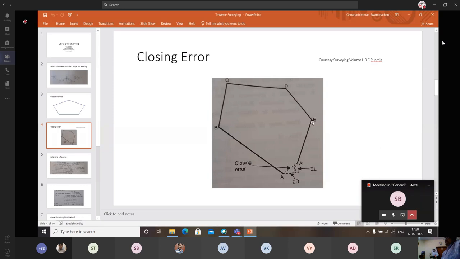You have to check the parallelism of a rail. Suppose you have a train track. If the parallelism is not maintained, what will happen? Derailment. The train will derail.